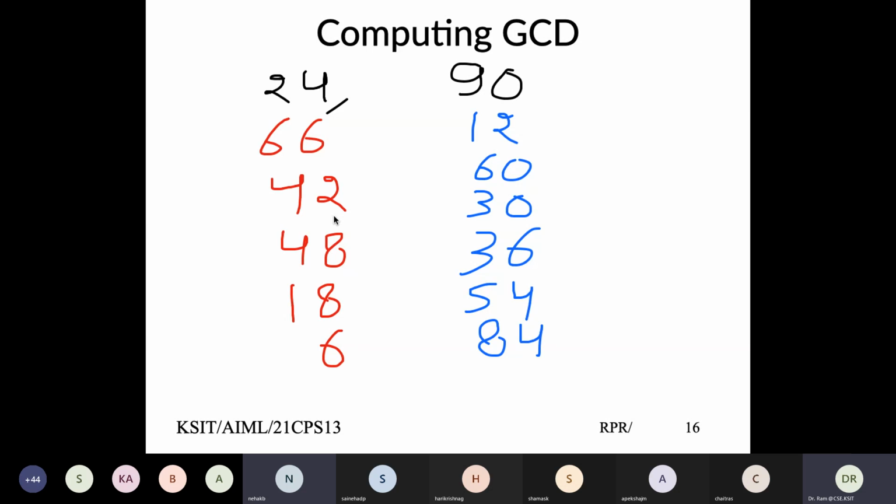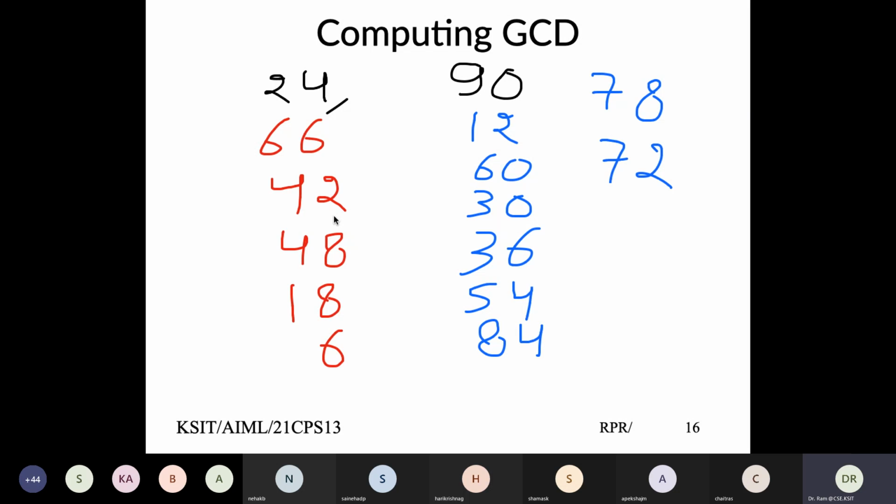Any more? 78. Are you left with anything? 72 is not there. So all written, and my smallest number is 6.